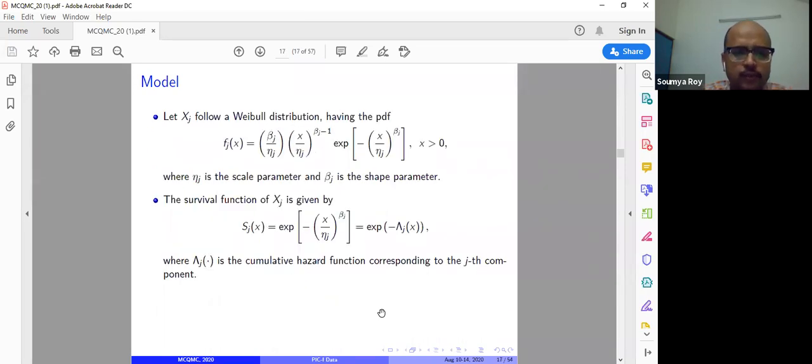Now, let us assume that Xj follows a Weibull distribution, right? The PDF is given by fj(x), and the survival function of Xj is given by Sj(x). It is standard that we can express Sj in terms of the cumulative hazard function Lambda j(x).